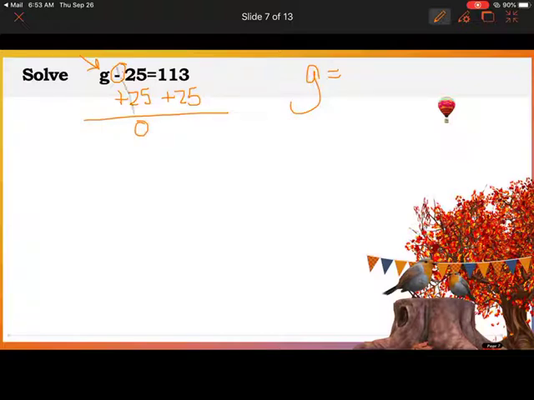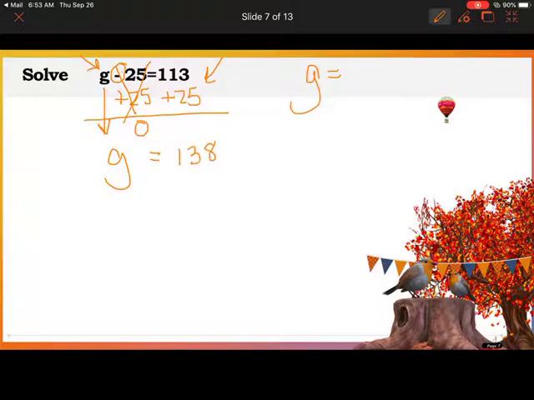So these are opposites of each other. I bring what I have left down, which is the G, and then I have to do this one over here. 113 plus 25 is 138.